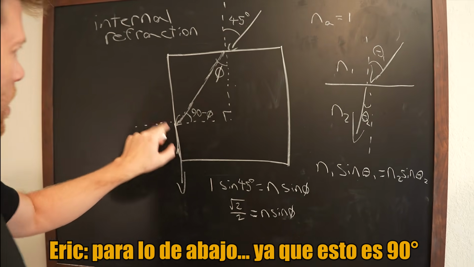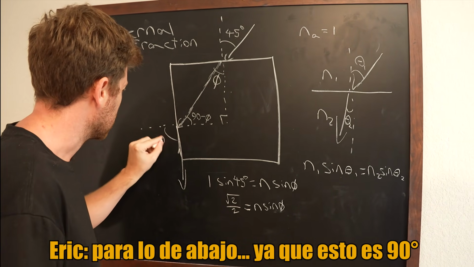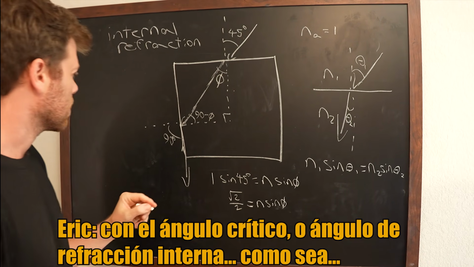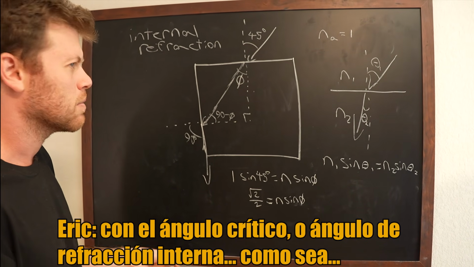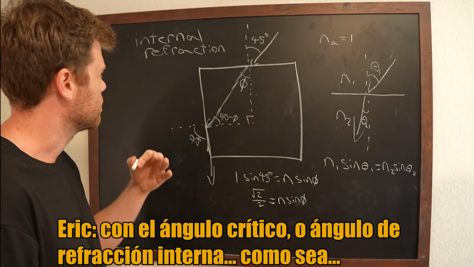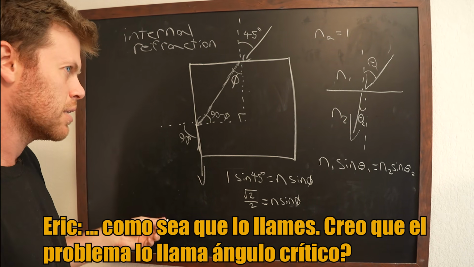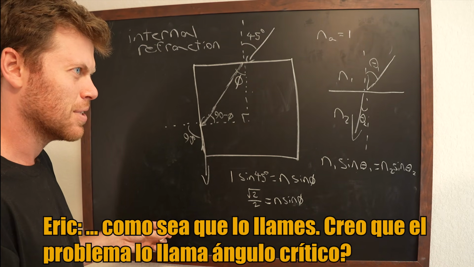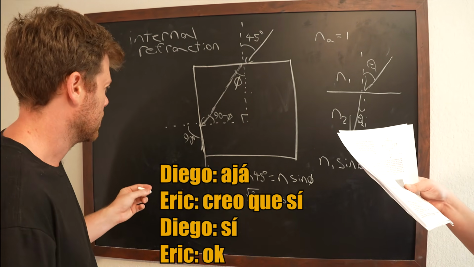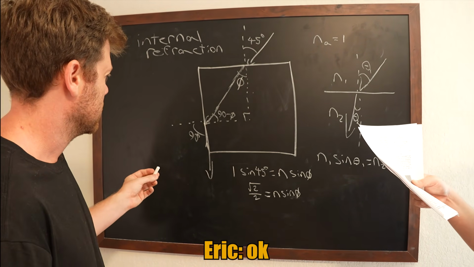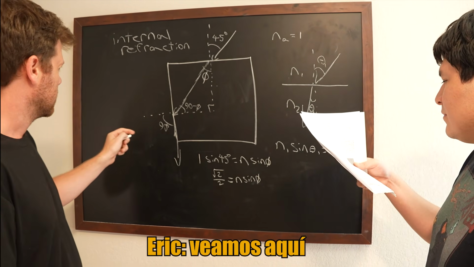So for this, because this is 90, with our critical angle or internal refraction, whatever language we're using. I think they said critical angle. I believe so. Yep. Okay. So let's see here.